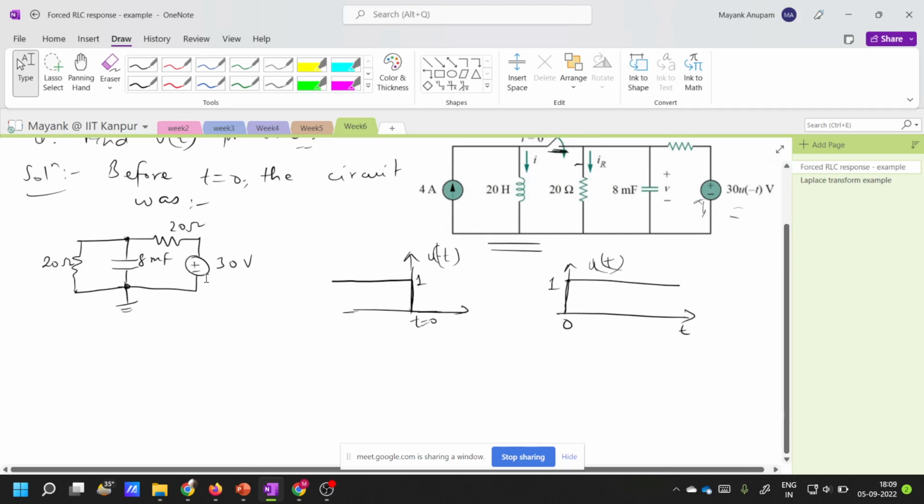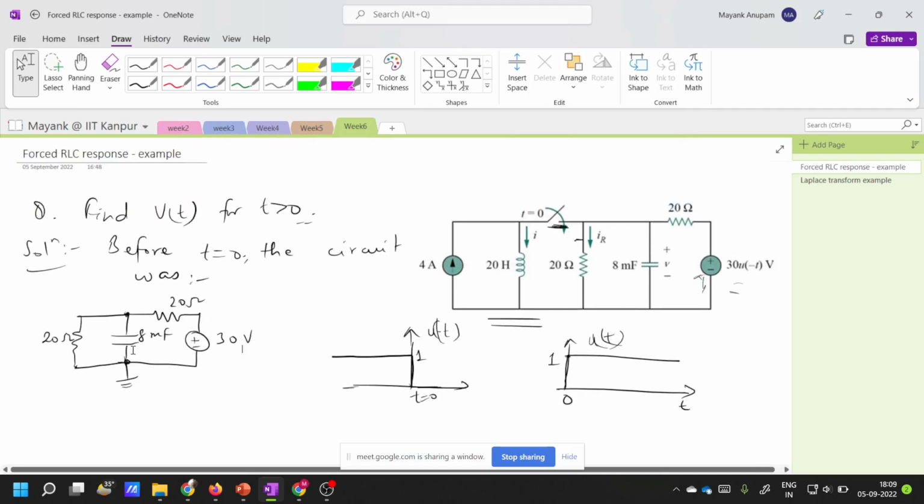So I can assume that my circuit has settled. All the transients in this circuit have settled, and I will have to calculate the steady state response of the circuit, right? I'll have to see what the voltage is at steady state. So can you tell me what is the voltage at this point, this V?